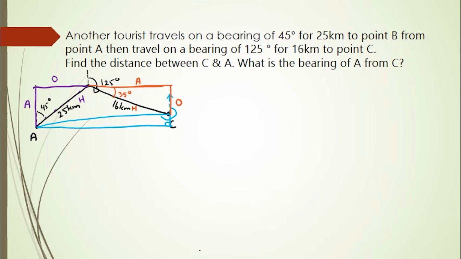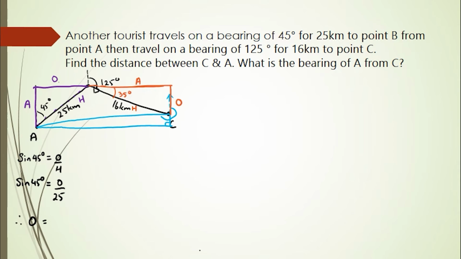So with the purple one, what do we have? I'm going to work out the opposite first. So I'm working out the opposite, which means I'm going to be using the sine rule. So sine 45 equals opposite over hypotenuse. Sine 45 equals opposite over 25.